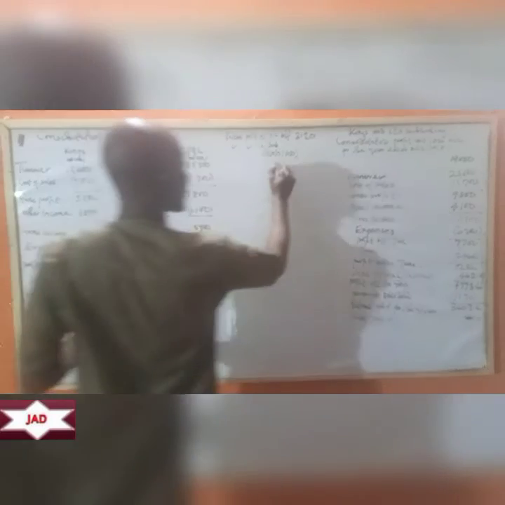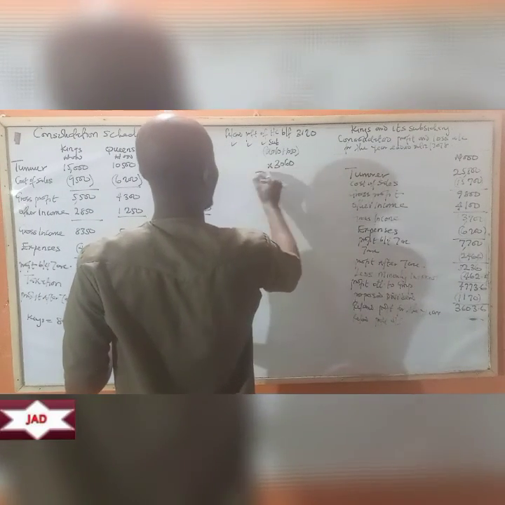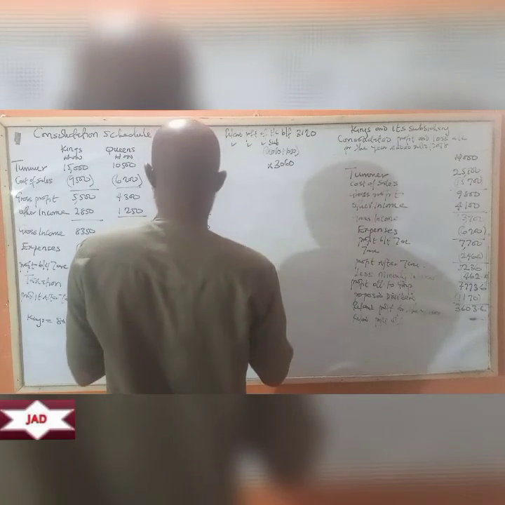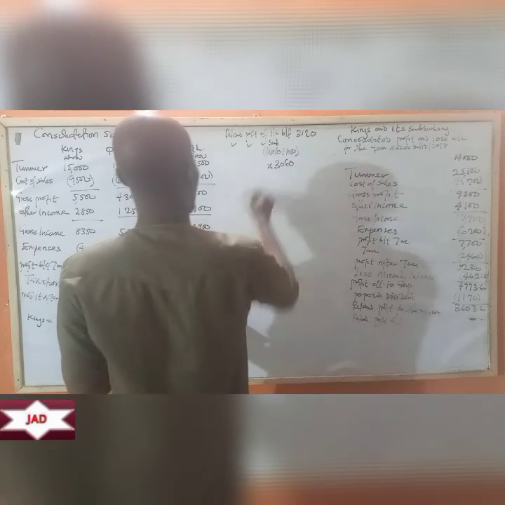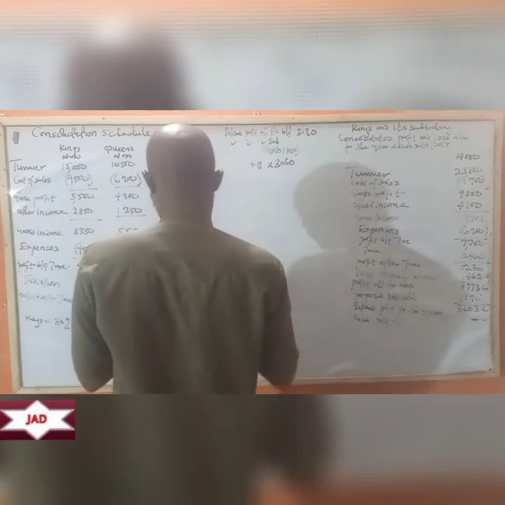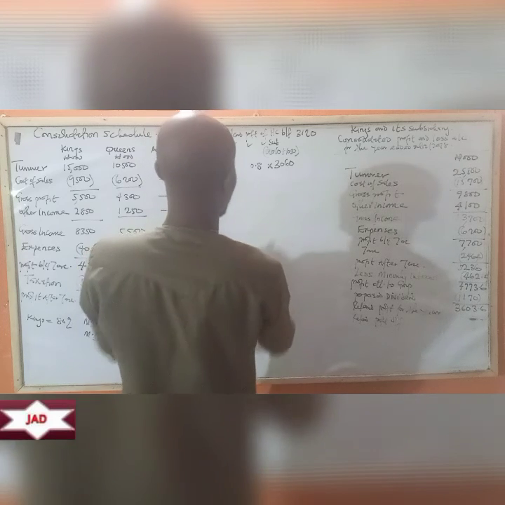So this is 3060. Then multiplied by the percentage holding, that's 80% or 0.8. So what do you have? 2448.